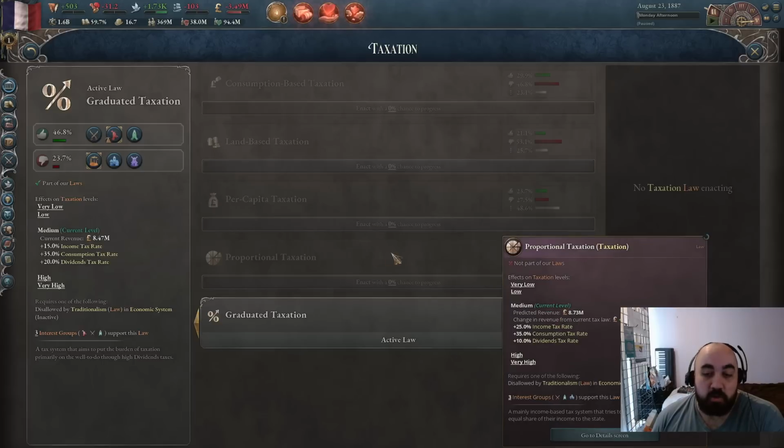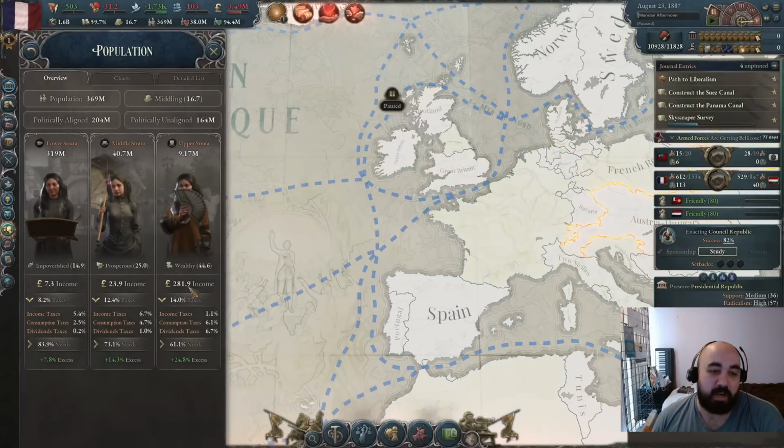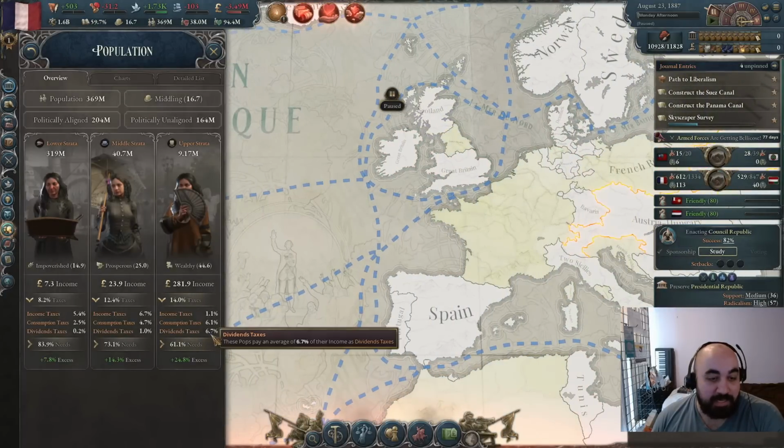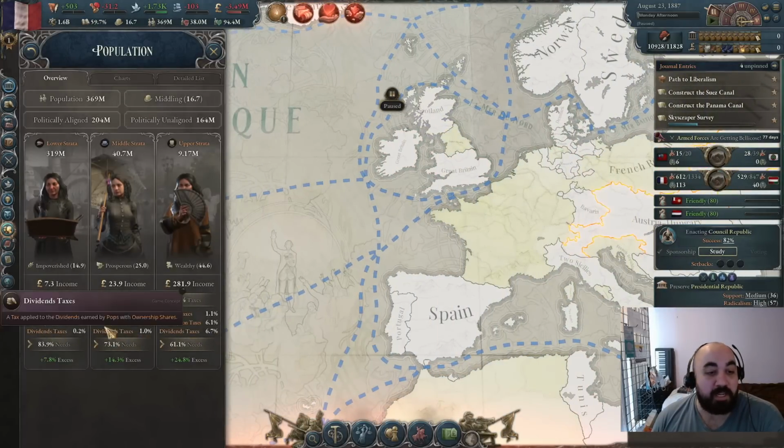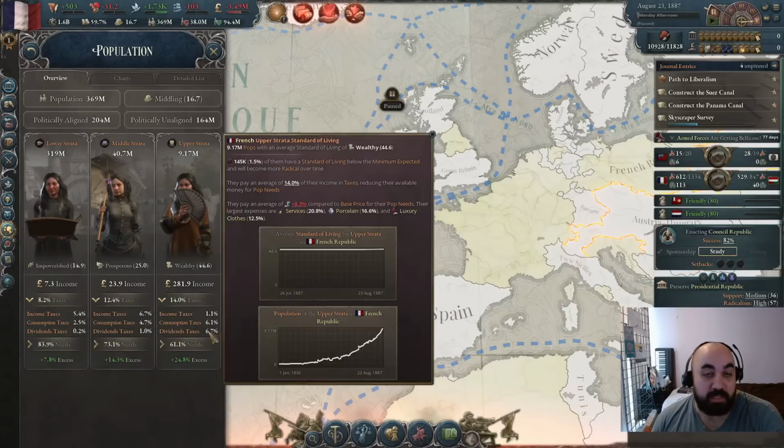But it does introduce, in addition to income tax rate, so the per capita tax is gone, there's also the introduction of a dividends tax rate. And if we take a look at our pops and we look at dividends taxes, these guys do not pay very much dividends taxes, the lower and middle strata, the pops that we want to tax less because we want to increase their SOL. And these guys pay a huge chunk of dividends taxes.